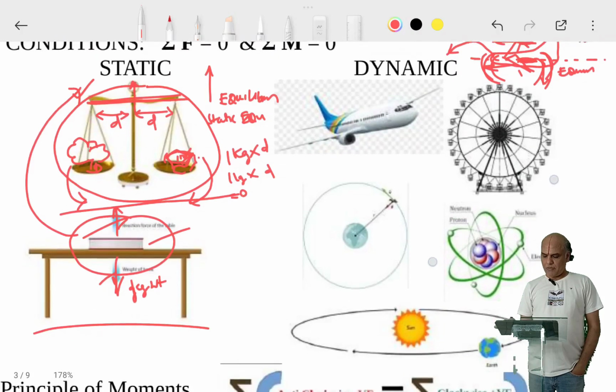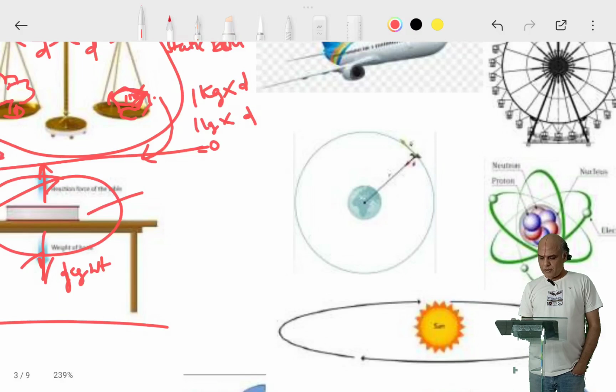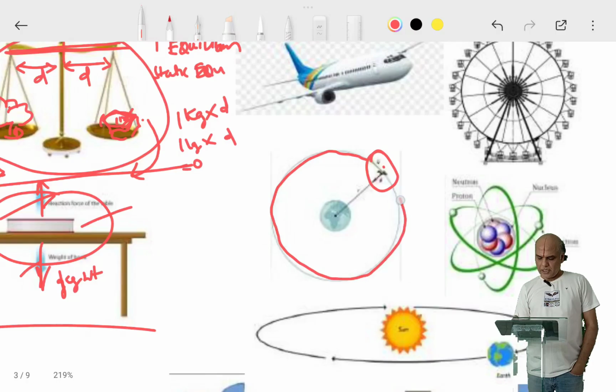Likewise, consider a satellite that is moving about the earth. This is a case of dynamic equilibrium. The satellite is in uniform circular motion, and it continues like that.